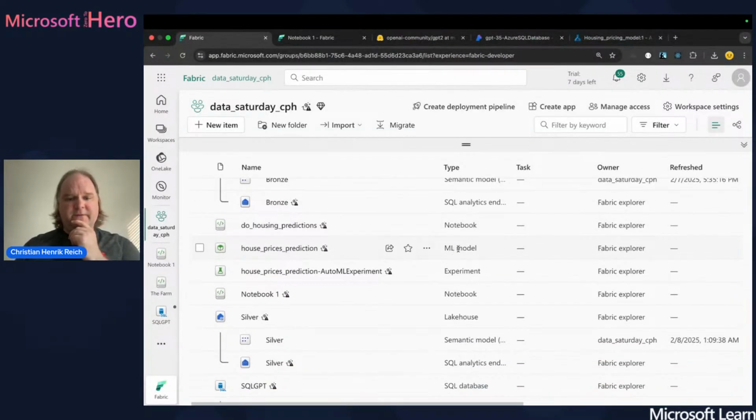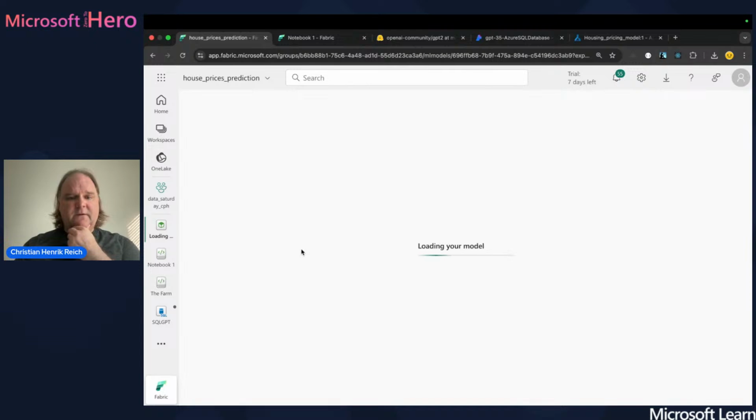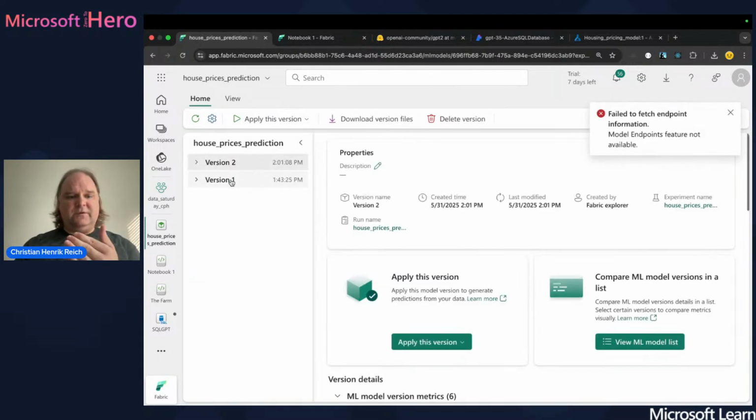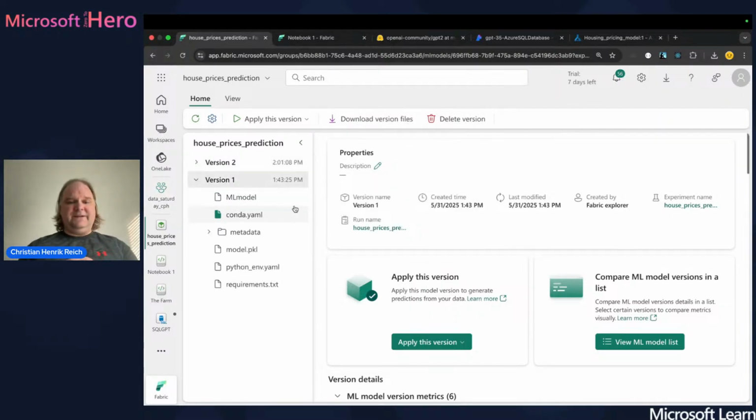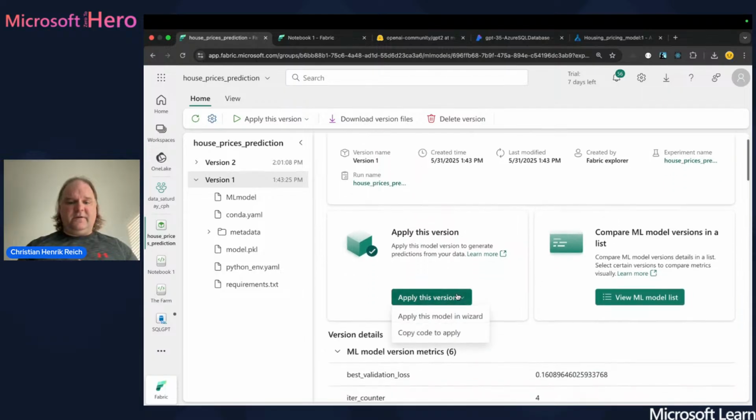But you can see here, they have the concept of models. And if I go into a model, almost like in OpenAI, I can select a version of the model, and I can ask it to apply the version of the model. This is part of what used to be called Fabric data science, and I really would love it if this worked a little bit better, if I have to be honest, because that's where I come from.